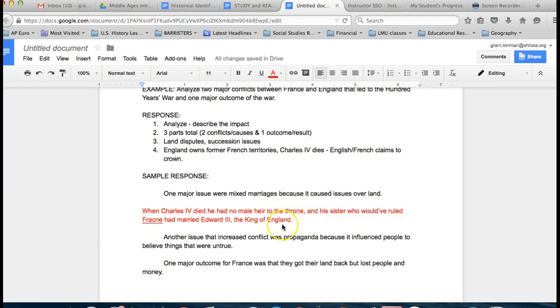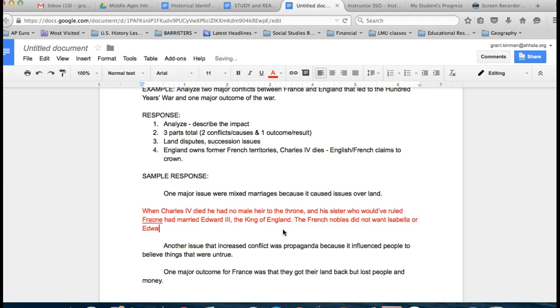So now we got to explain the issue. The French nobles did not want Isabella or Edward to rule, and they appointed their own king.